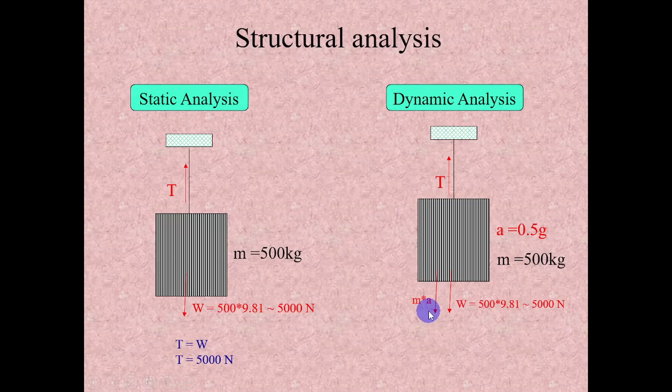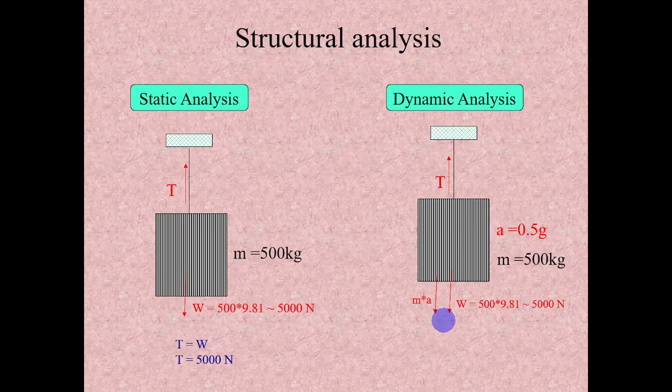According to Newton's second law of motion, if any object or mass moves in one direction with some acceleration, some inertia force will be generated in the opposite direction to the movement. In this case, the lift is moving upward, so the inertia component is developed in the downward direction, which is equal to mass times the acceleration of the movement.